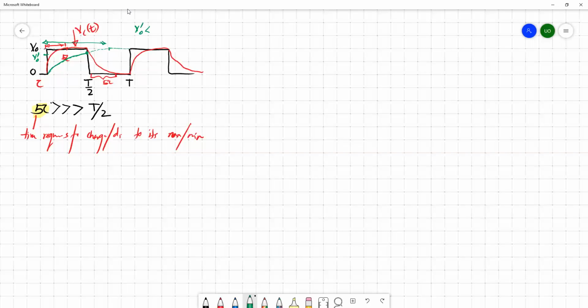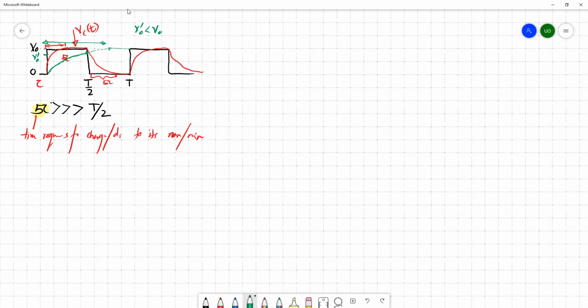V naught dash is less than V naught, because now 5 tau is much higher than T by 2, which is half of the period of the applied periodic voltage. We know that a particular circuit needs 5 times tau to charge to maximum. But in the middle of the charging process, somewhere around T by 2, we remove this external source.